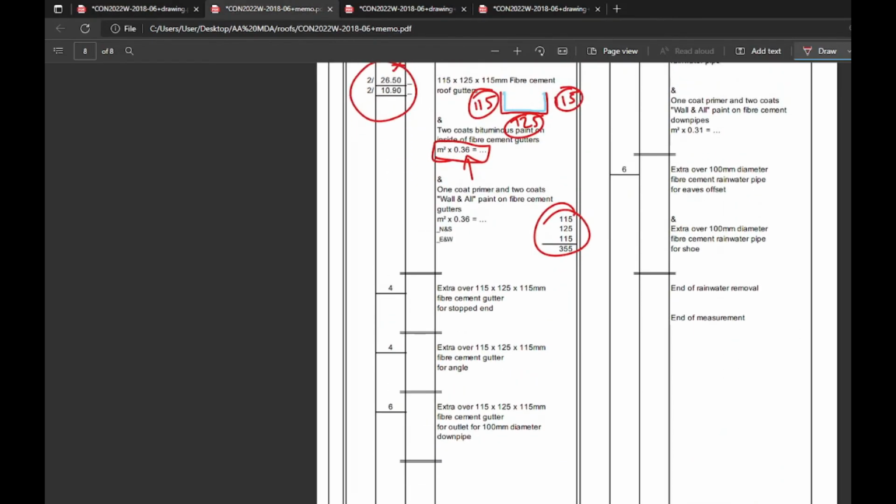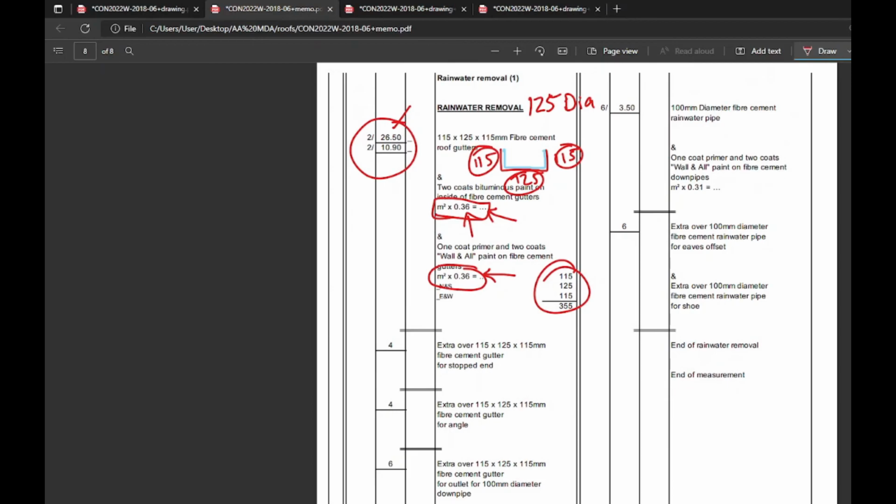Great. And you'll notice they've also added the description for the, so this bituminous coating is on the inside, and this is on the exterior. And if you were sharp, you would say that they are not the same dimension, and I would probably agree with you. And some people might be saying, what the hell are you talking about?